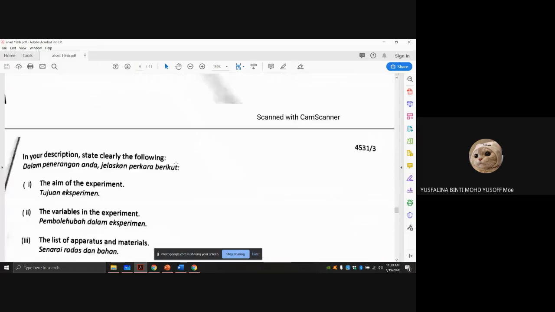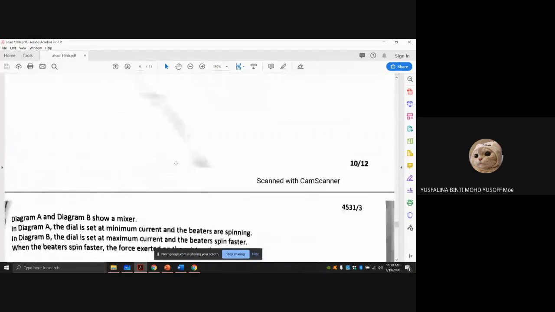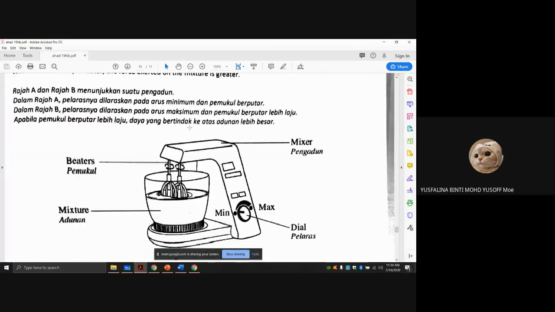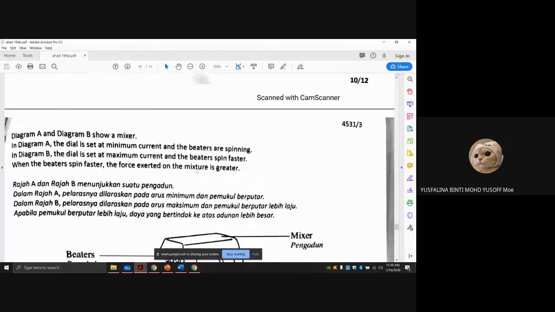For this question, the minimum current and the force come from electromagnetism, force on a current carrying conductor. So this one is form 5.